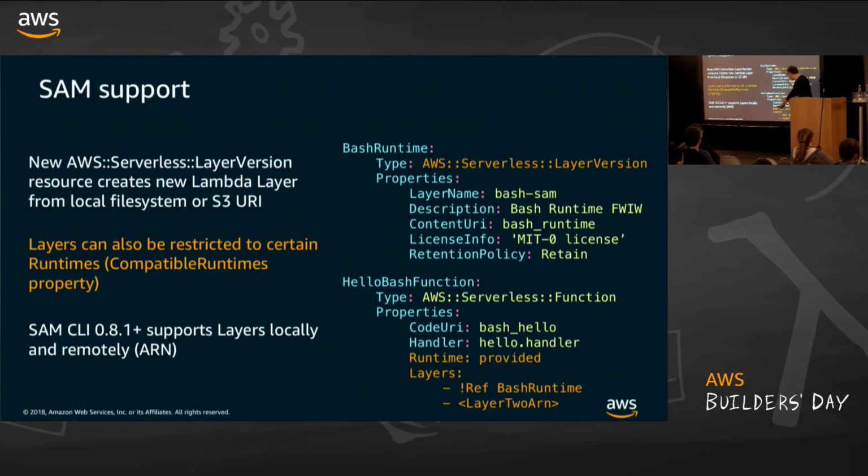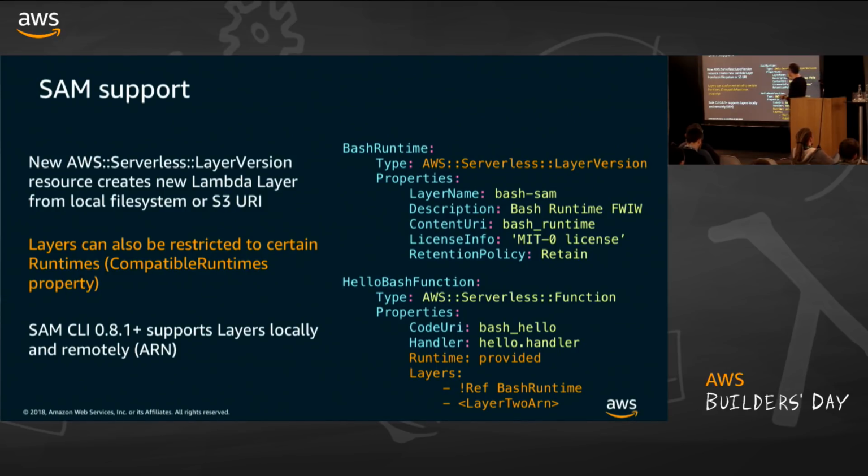And in the runtime, if you want to use a custom runtime, so we will see custom runtimes shortly, the keyword that you must use in the CLI or in SAM or in the API is provided. So when you say that the runtime of a Lambda function is provided, it means that it's using the runtime API. And we will see what that means.